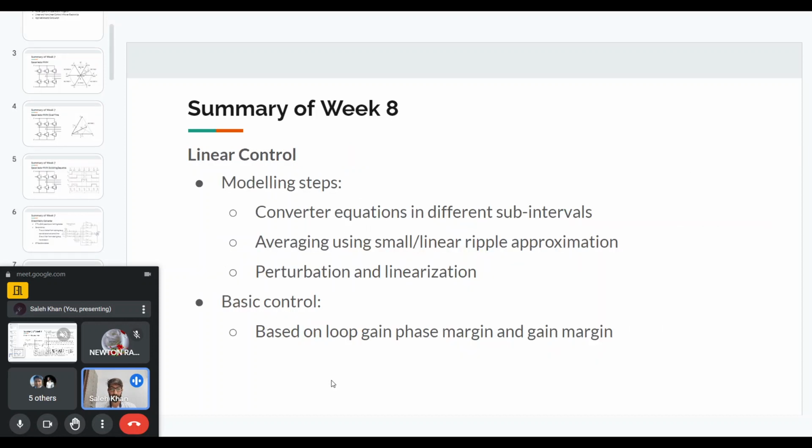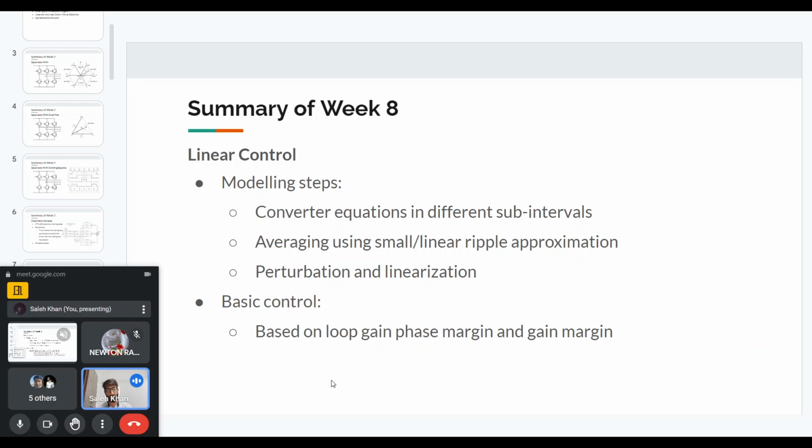So now I'll come to the linear control, which was taught in week 8. In the lectures, what you were taught was basically a state space approach and a theoretical approach. I'll give an example based on a boost converter, and we'll see how to model a boost converter.